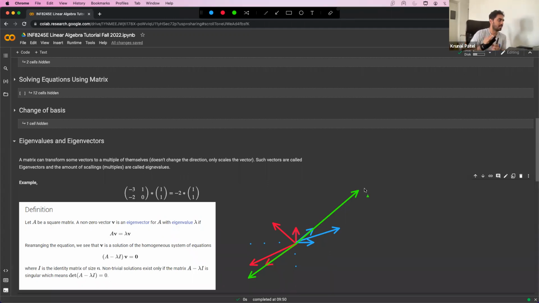So there are infinitely many eigenvectors, and for every eigenvector we have an eigenvalue, right? Eigenvalues will always be constant, so they will not change. Those vectors will always be stretched by that fixed number, which is the associated eigenvalue. So it's not a different eigenvalue for every eigenvector. It's the same eigenvalue for the eigenvectors which are on the same line, right?